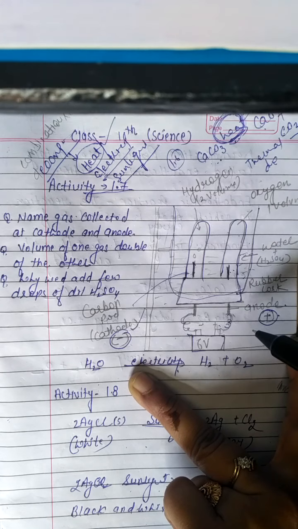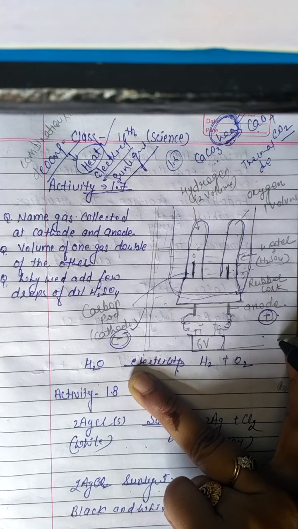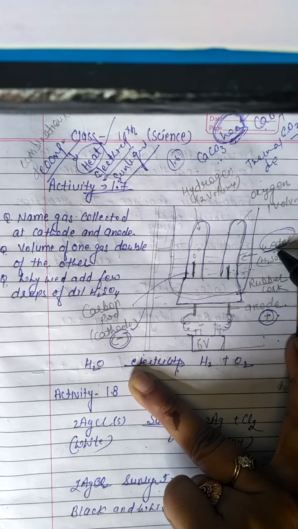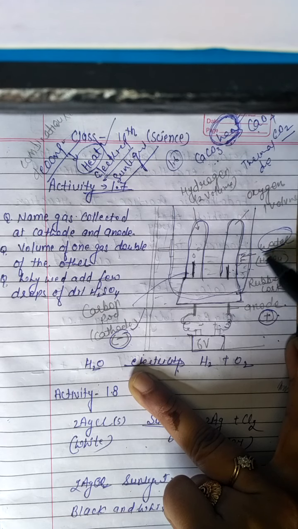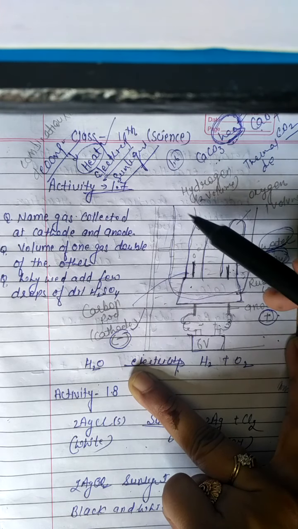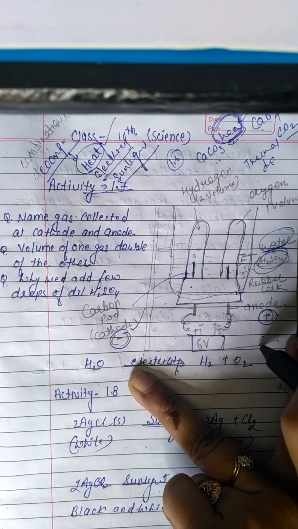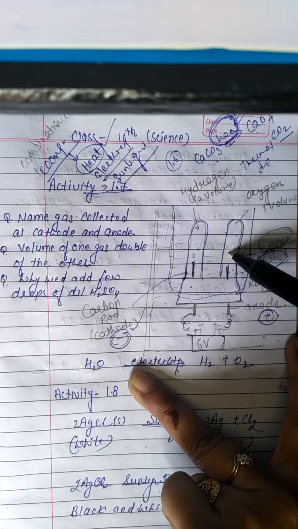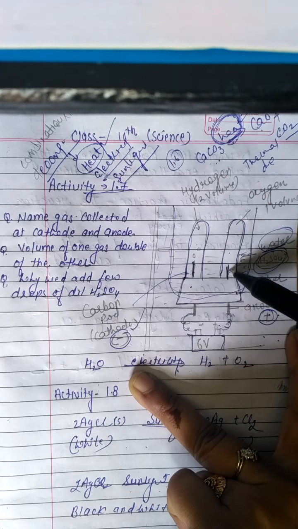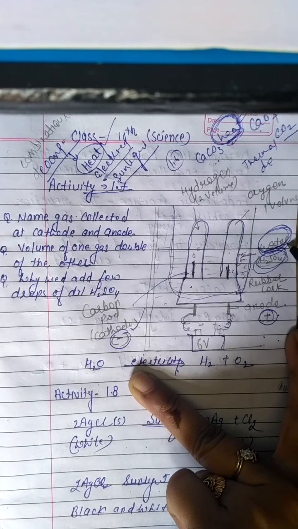Now we are drawing the diagram of electrolytic decomposition. In this, we do the electrolysis of a water molecule. We add water and some drops of sulfuric acid to it. After setting up the apparatus, the switch is turned on and current is passed between the two electrodes. Decomposition of water takes place.